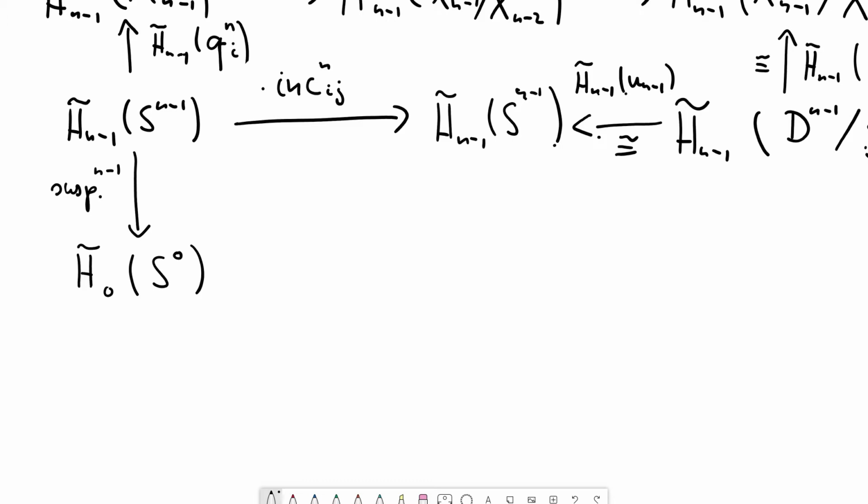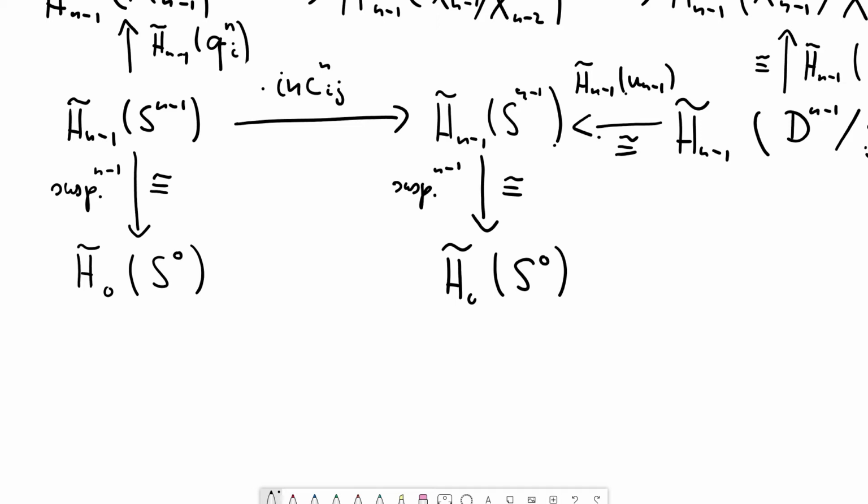Yeah, I always have to lower the degree by 1, but I think the notation is suggestive. And I can do exactly the same thing here. So this is suspension n-1 times. These are all isomorphisms. And I end up at the 0th reduced homology of the 0 sphere here.